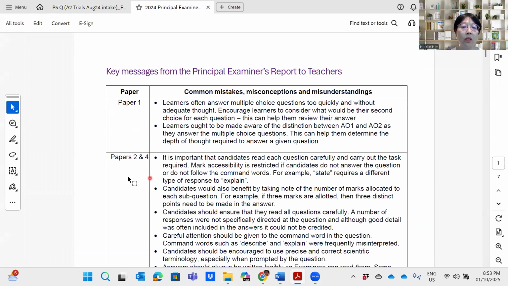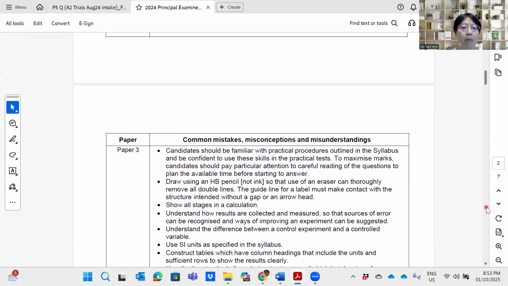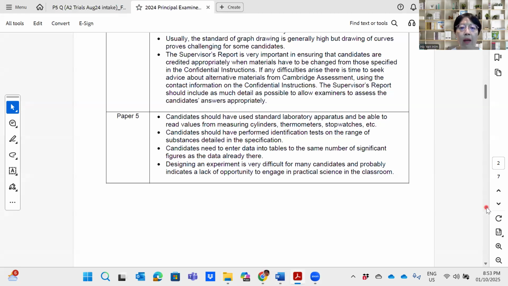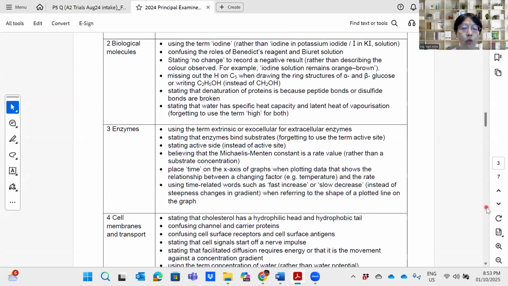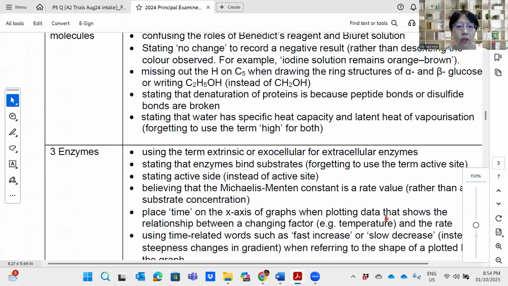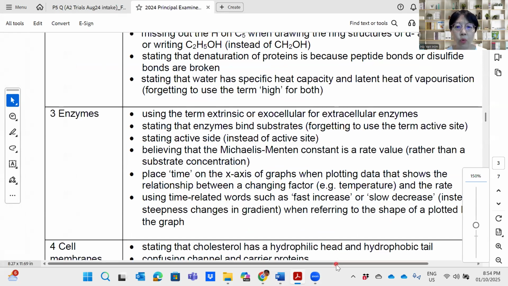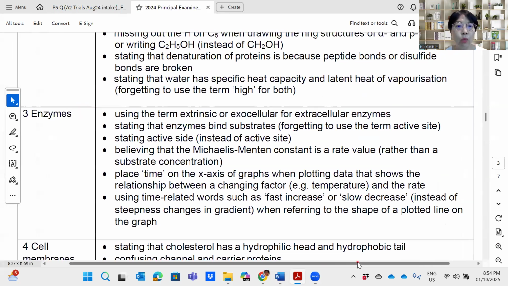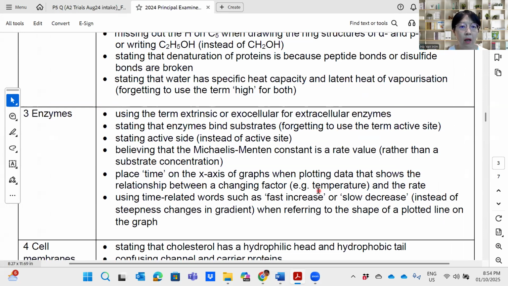What are common mistakes for students in paper 4, okay, and then in paper 5, and then I want to bring specific attention to the way you describe observation in experiment, okay? This is very important just in case you are not aware of how important it is to write your answer in this way.